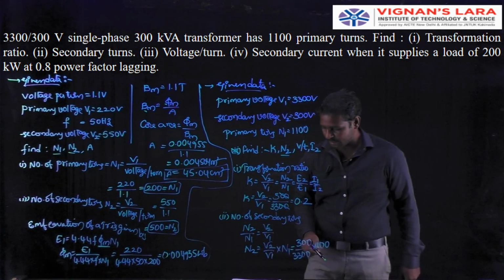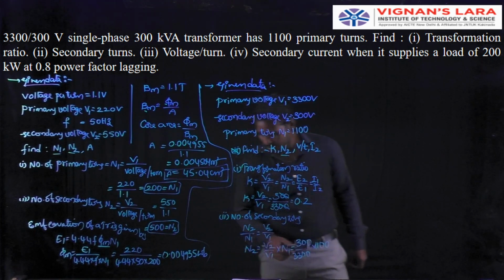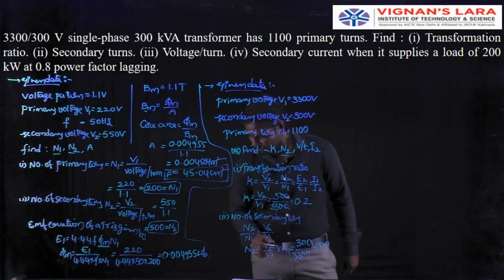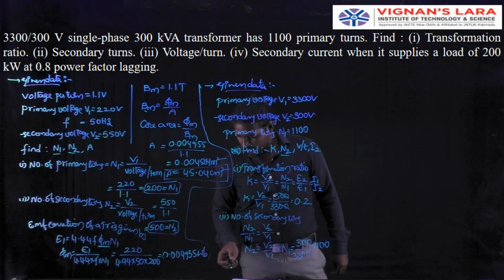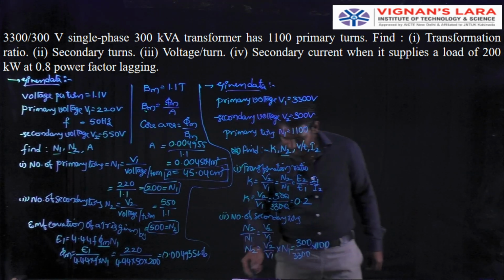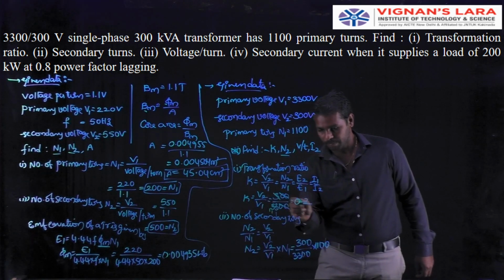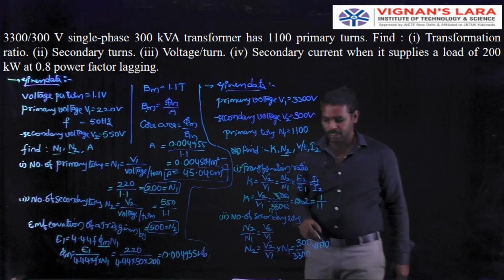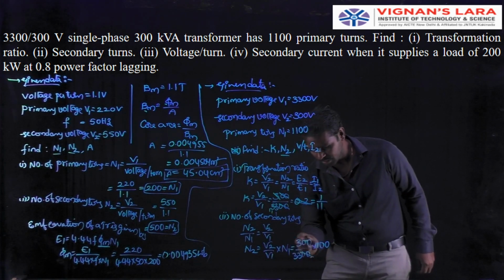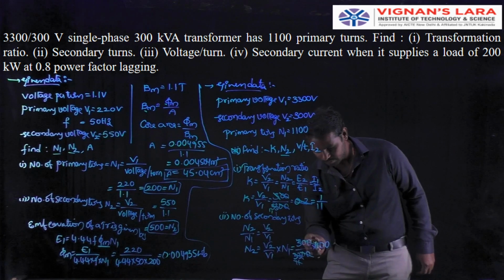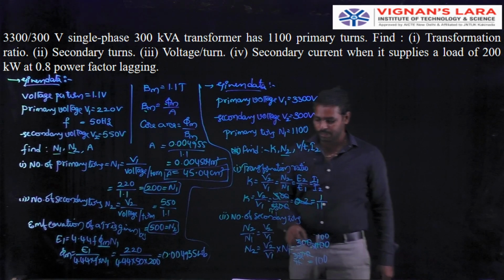So secondary turns is equal to 1 by 11 times 1100. These two get cancelled, so N2 is equal to 100 turns.